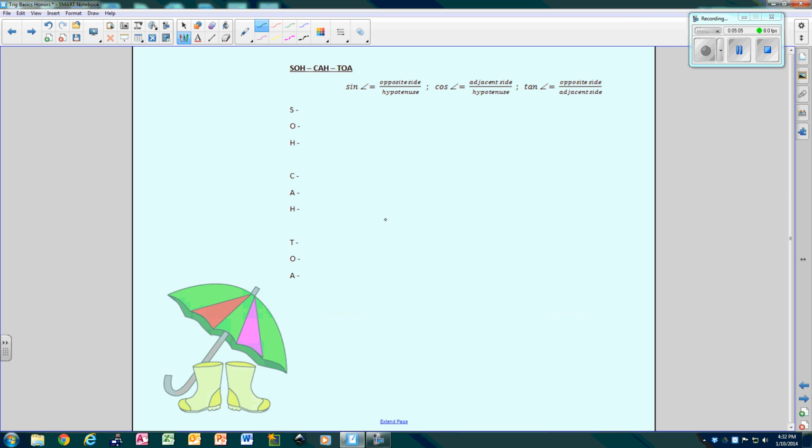All right, so now what we're going to do here is we use this acronym SOH CAH TOA, and this is to help you remember which goes with which. Okay, so for example, S stands for sine, where O is going to stand for opposite.